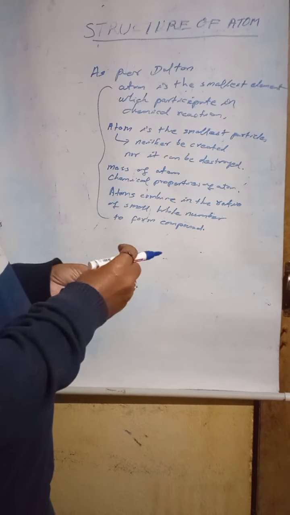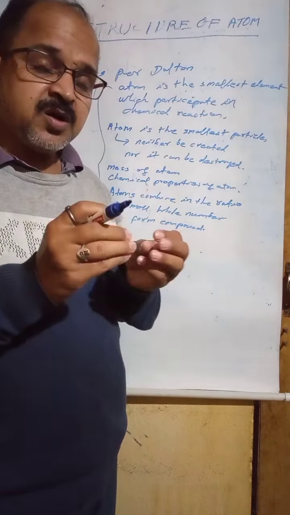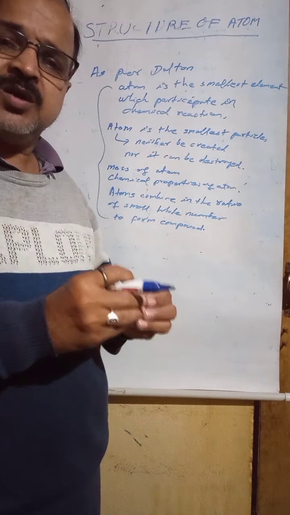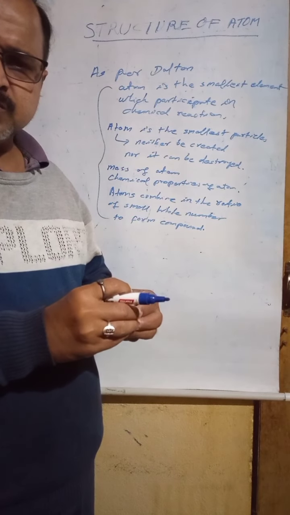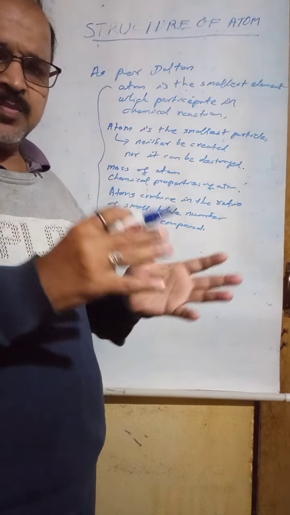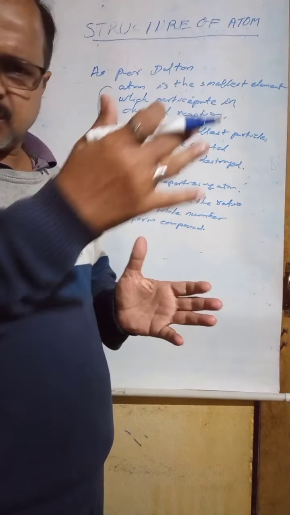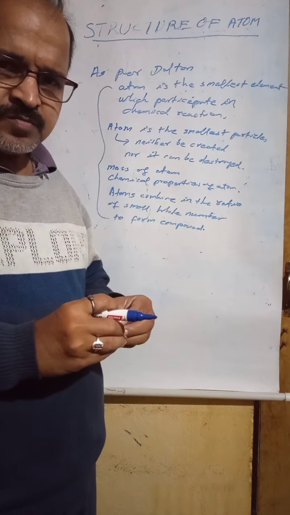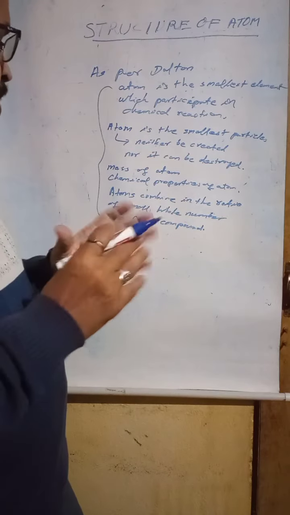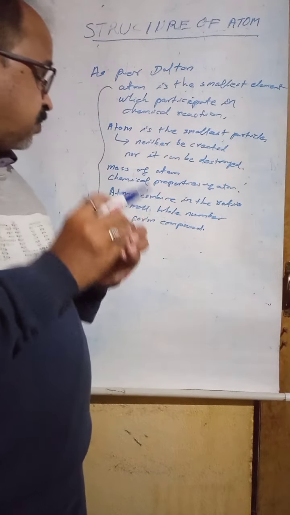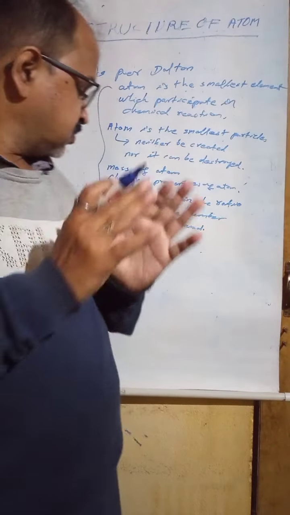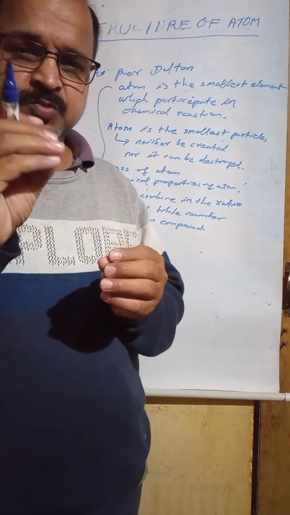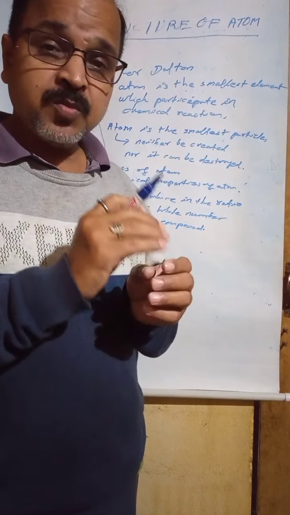Every atom, as per Dalton, has a mass and some chemical properties, and these chemical properties are also reflected in the compound. Atoms combine in the ratio of small whole numbers to form compounds.